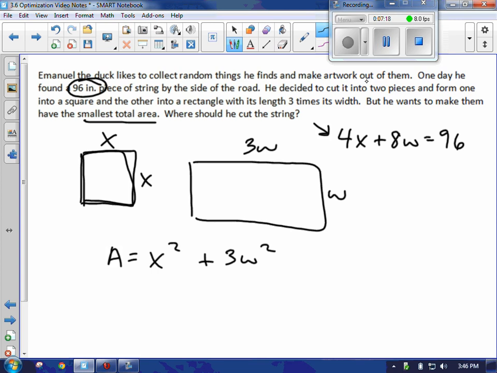So I'm going to solve for x. x will equal (96 minus 8w) divided by 4, or 24 minus 2w. Yes, to make sure. That's x in terms of w, and now I'm going to substitute that into my area equation.